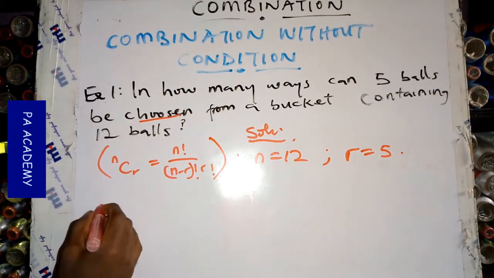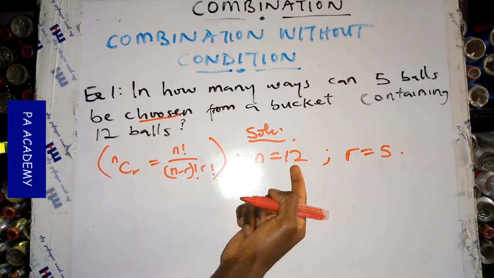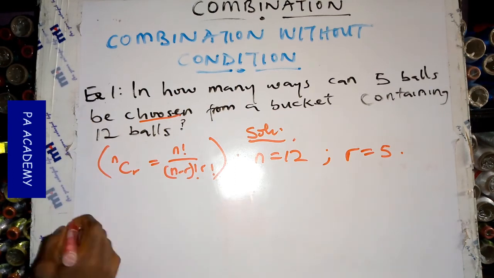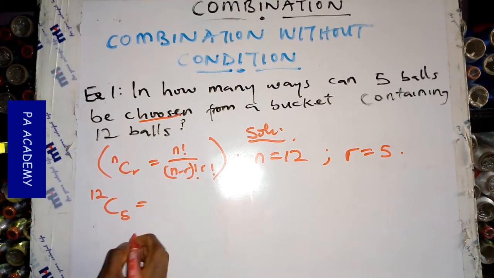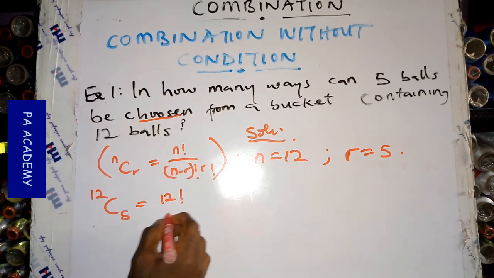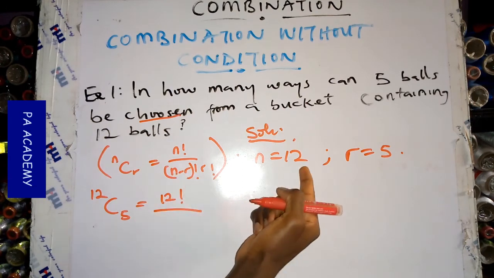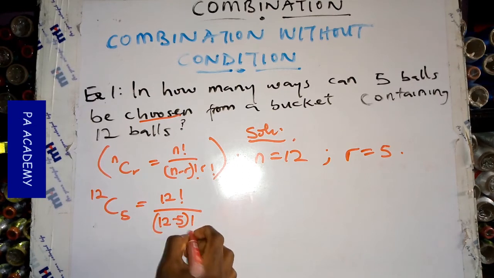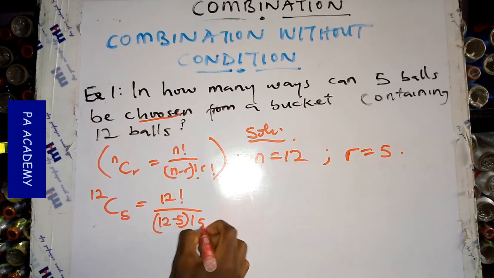So let's do that. Let's put 12 in place of n, and then our 5 should replace our r. So that means we'll have 12 combination 5 is equal to our n, which is 12 factorial, over n minus r, that is 12 minus 5, don't forget, then factorial, then another r factorial, that is 5 factorial.